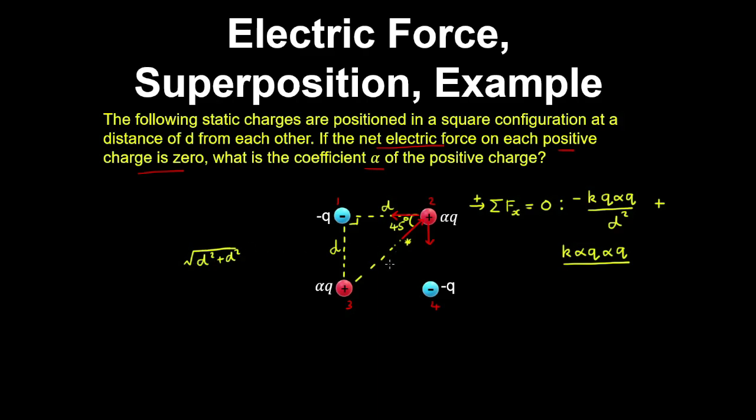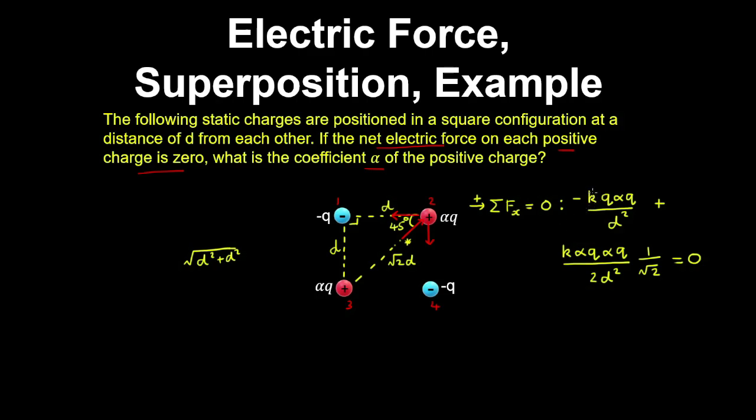So that will be equal to root 2 multiplied by d. So the squared distance between these charges is root 2 squared by d squared, which is 2d squared. And then to get the horizontal component of this force, we take the cosine of 45 degrees, which is 1 on root 2. And that's all equal to 0 according to the problem.